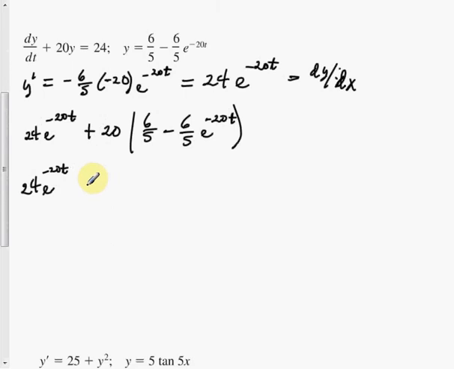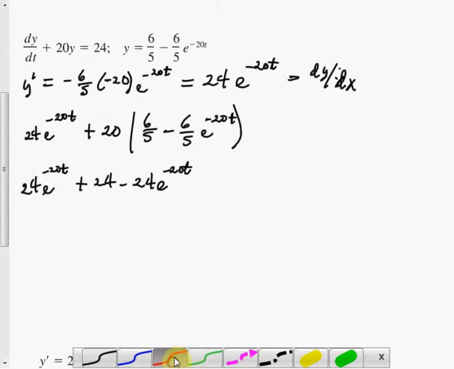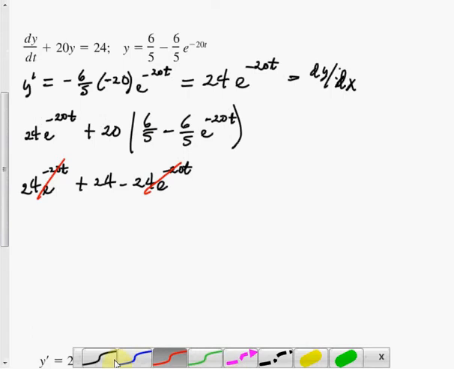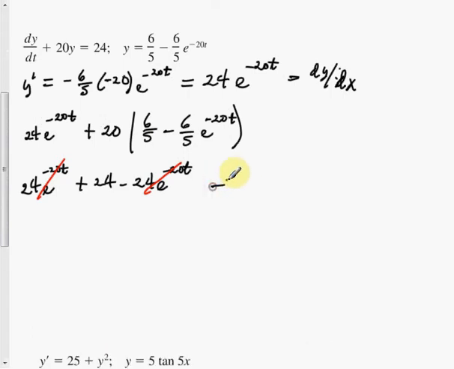Distribute the 20. So we have plus 24 minus 24 times e to the negative 20t. And so the 24 e to the negative 20t cancels out with this opposite. And so we're left with 24, and that's what the original differential equation said it ought to be. Right?